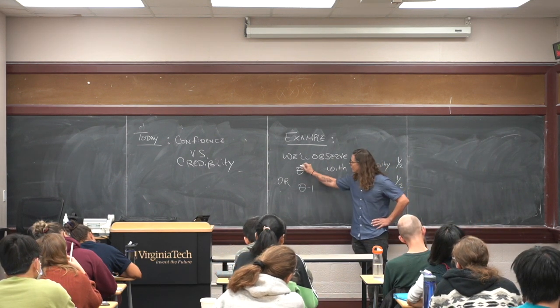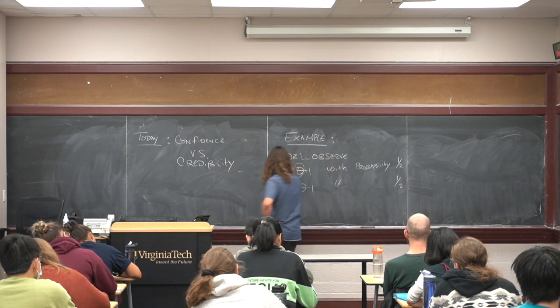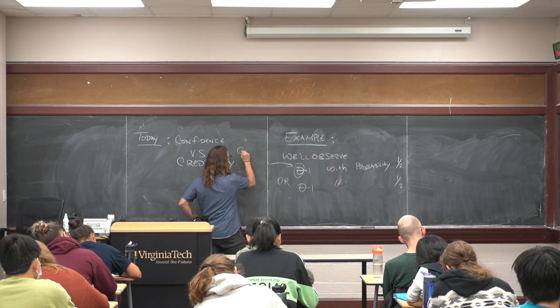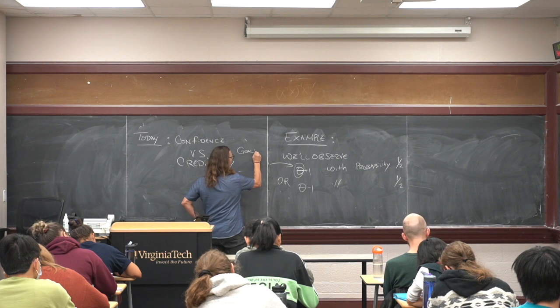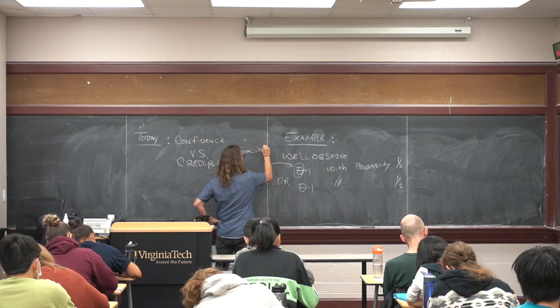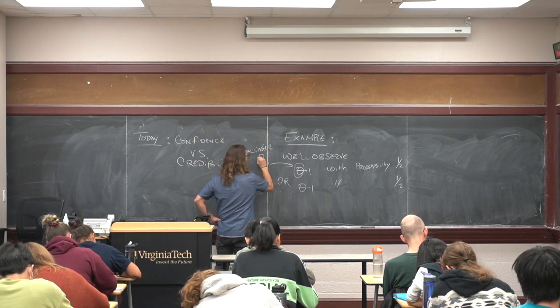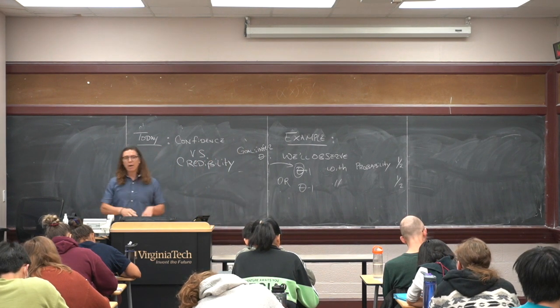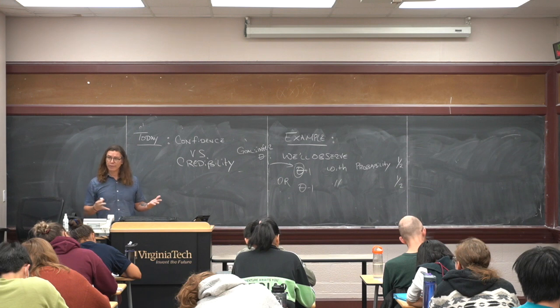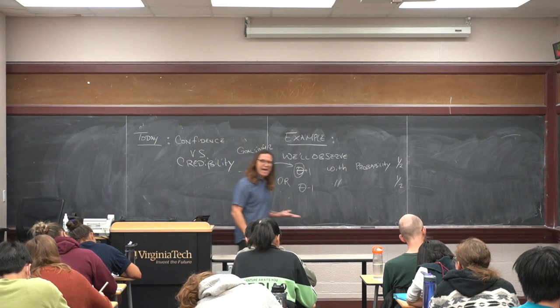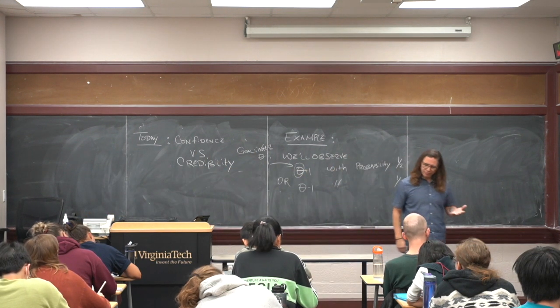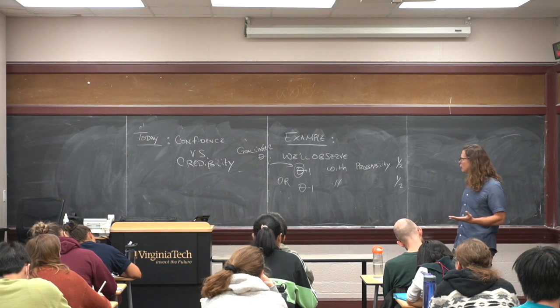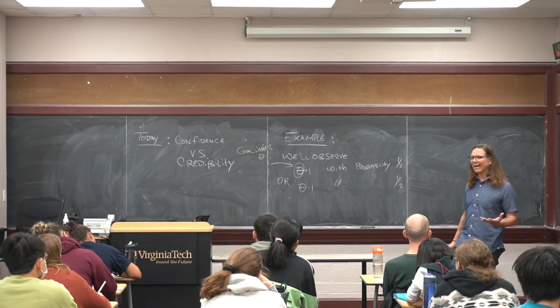This is the parameter of interest. So we don't know theta. So our goal is to infer theta. And maybe we want to infer it in terms of possible values of theta. So we might want to give you a set. I'm going to interchange the word interval for set here.